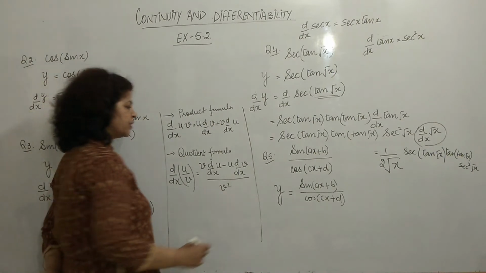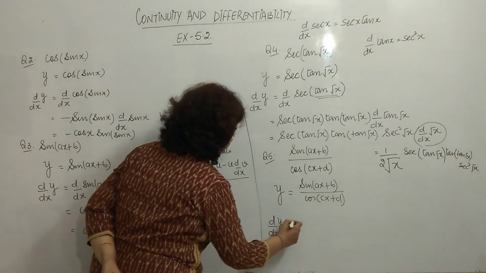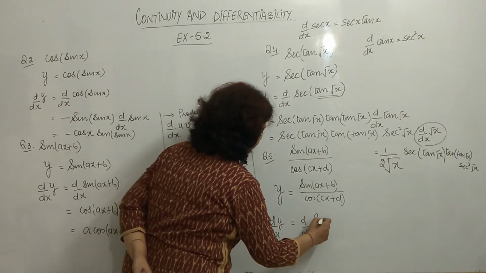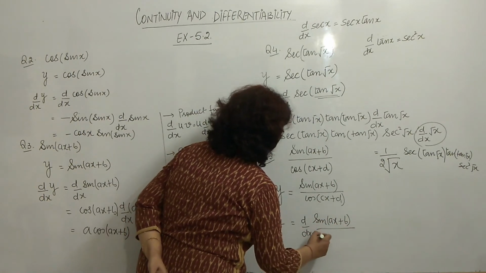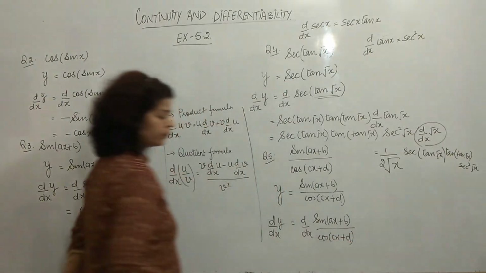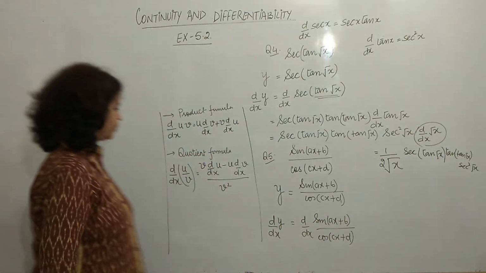Differentiating both sides with respect to x, d by dx of sin ax plus b upon cos cx plus d. u is sin ax plus b and v is cos cx plus d.